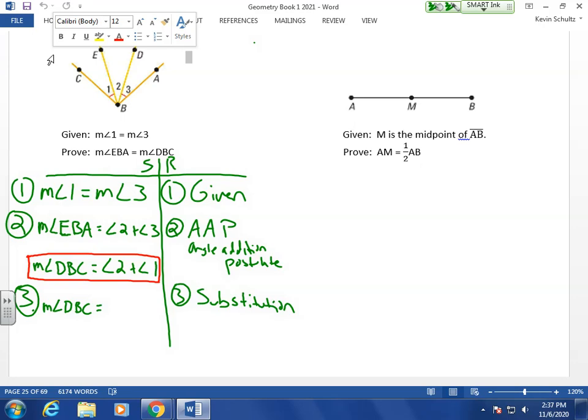And again, you're using substitution, so you're replacing one of those things. That equation has 3 parts to it. It's got angle DBC, which I've already told you isn't going to change. So between angle 2 and angle 1, replace one of those with something else to rewrite that equation.